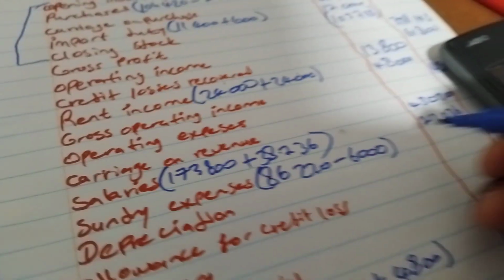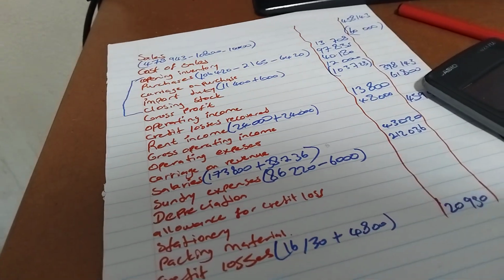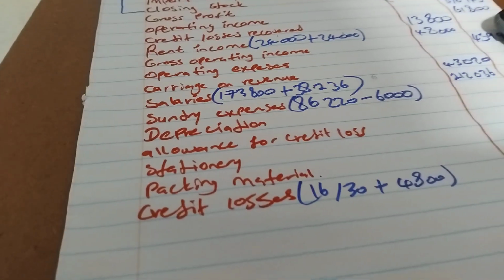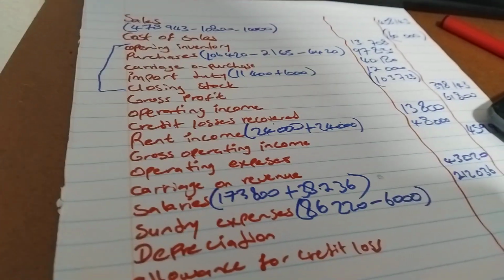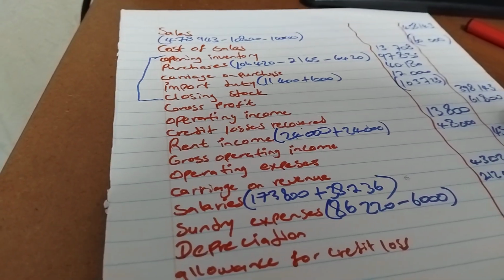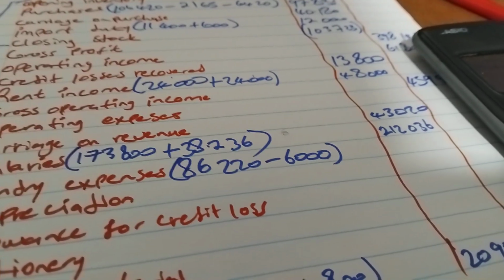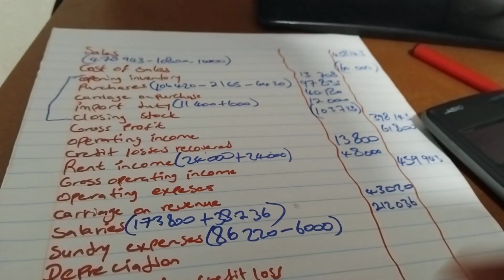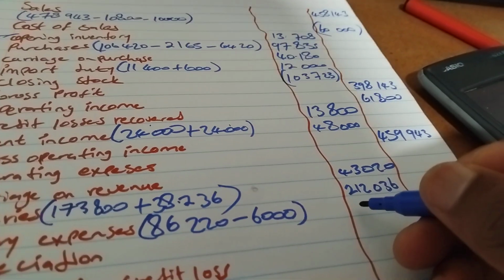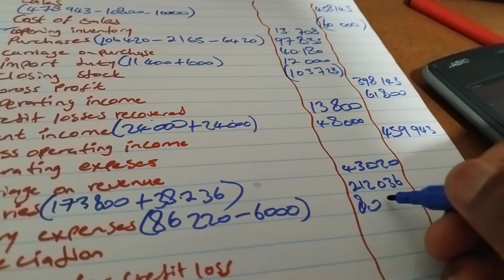And then it gives us what? 86,220 minus 6,000 must give you, let me punch it, 80,220. Is it 80,220?